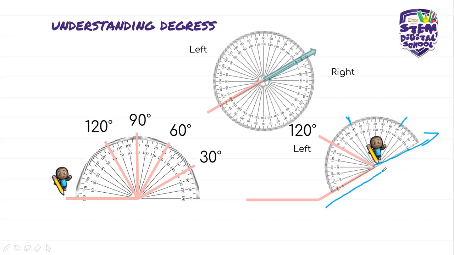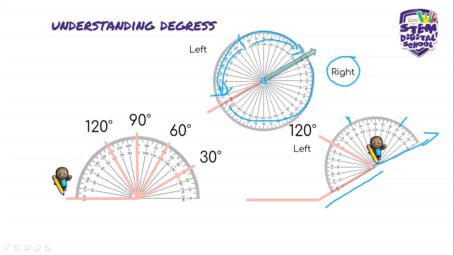So if we look at our page, or on our slideshow, if it's 90, it's not just this side that is going to be left, or this side that's going to be right. From where he is currently standing, let's make it here in the middle, everything from 0 to 180 will be left, and everything on the right-hand side of the line from 0 to 180 will be right.